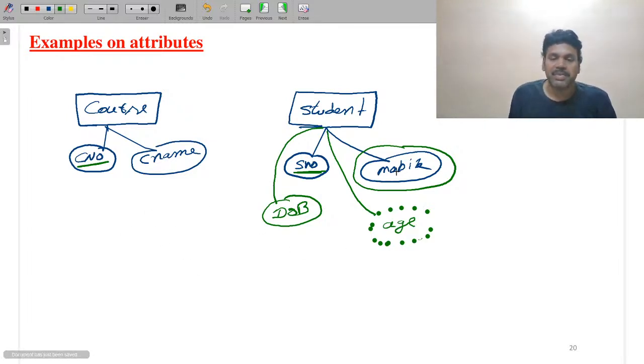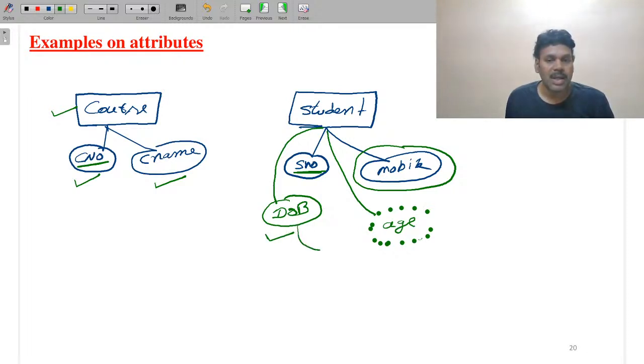So you understand the different terminologies I have written here: an entity, a strong attribute, and a normal simple single attribute. This is a simple single attribute as well as stored, and this is a derived attribute. So it is stored, derived, strong, multi-valued, and single simple.